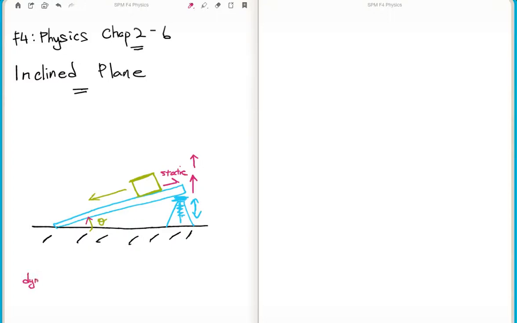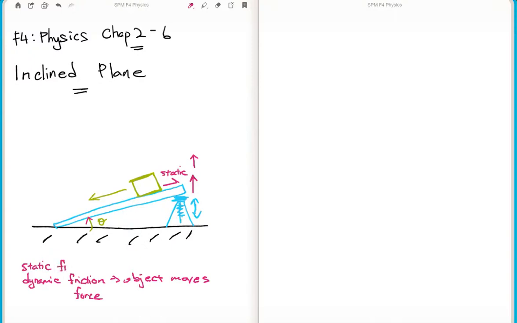Dynamic friction is when the object moves. In order to make an object move, you need a frictional force, and that kind of friction is dynamic frictional force. The one that helps this object stay in equilibrium before it starts to move is called the static frictional force.